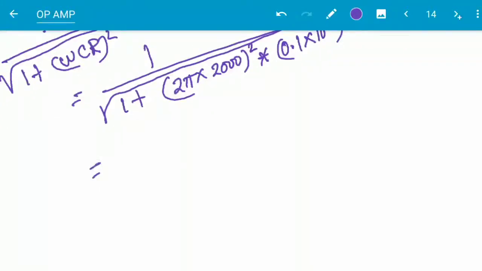If we calculate this, it comes to be 0.62345.